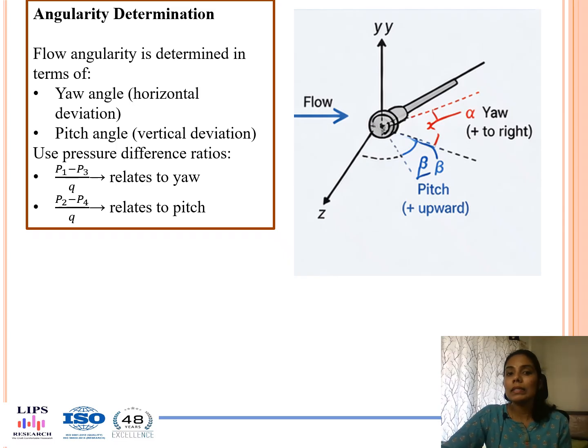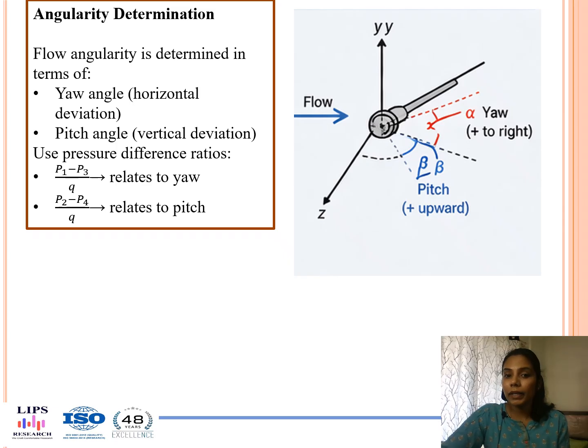Now, we'll understand the two major angles, which are the yaw angle, which gives a horizontal deviation, and the pitch angle, which gives the vertical deviation. The yaw angle, which is shown in red, represents the sideways deviation of the flow in the horizontal plane. A positive yaw angle means the flow is deviating towards the right of the probe.